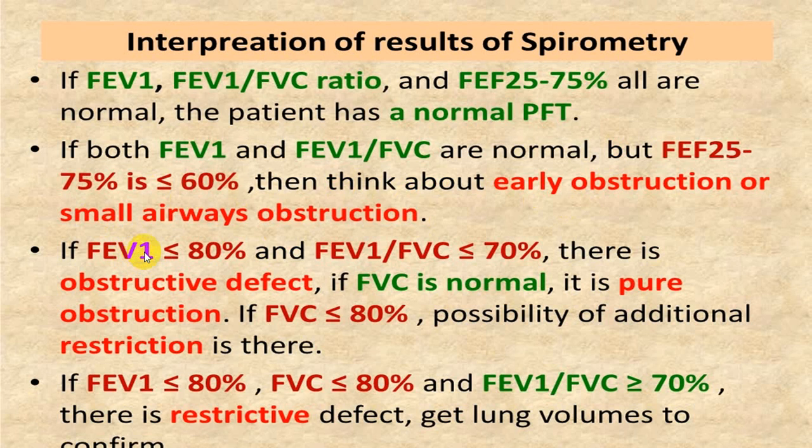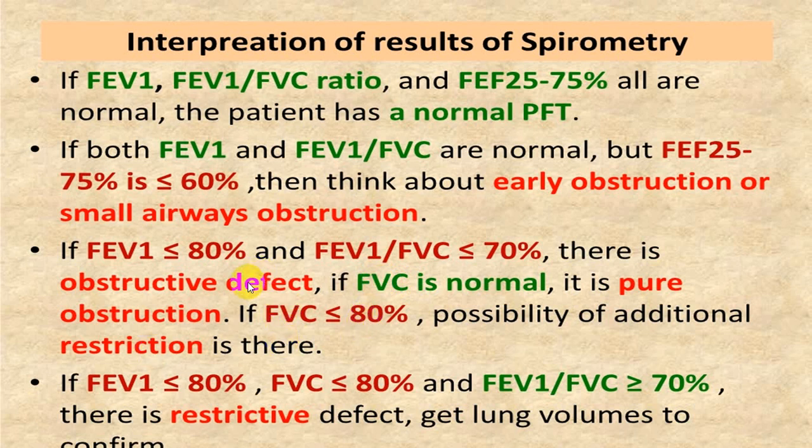If FEV1 is less than 80 and ratio is less than 70, it is pure obstruction. But if FVC is also reduced, you might have a restrictive element.